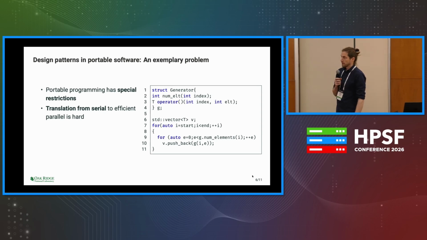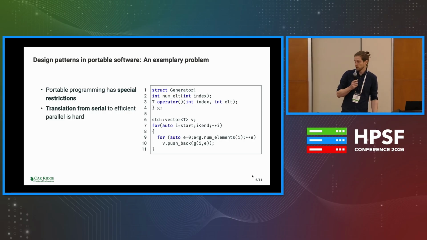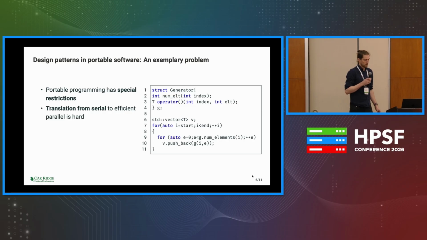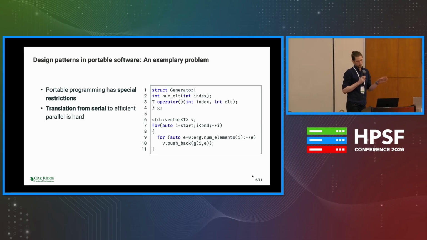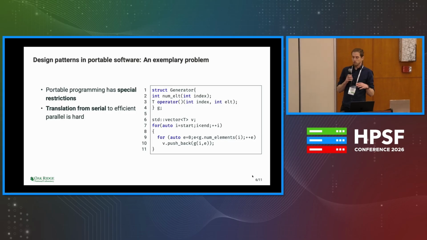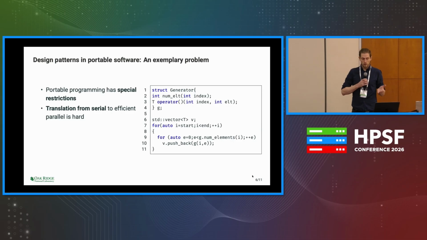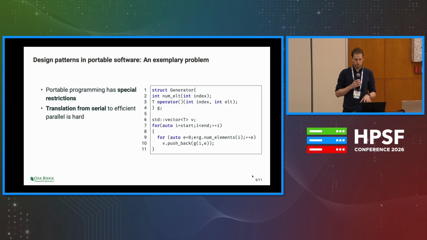But maybe let's make this a bit more tangible with an example. So let's first look at the text on the left side. In performance portable programming, you have special restrictions. There are some people in this room that know them by heart, and others that might not even have heard them, but there are a ton of restrictions.